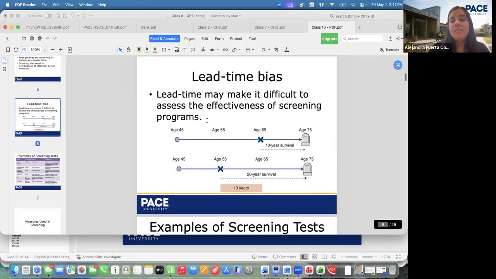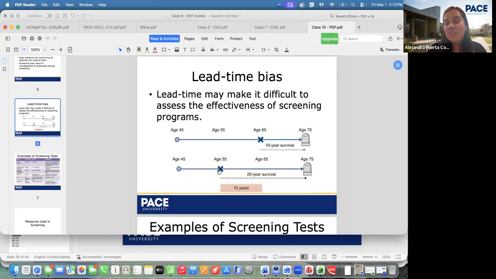What is lead time bias? If I screen at this time at 55, I may end up with a 20-year survival, but that doesn't mean that there was more survival.